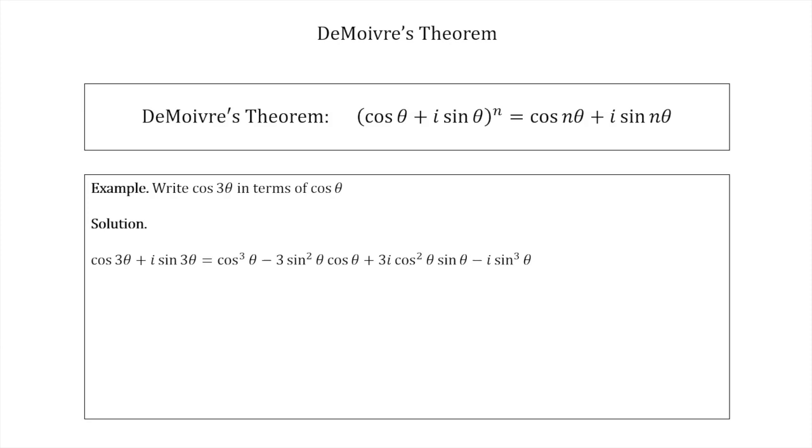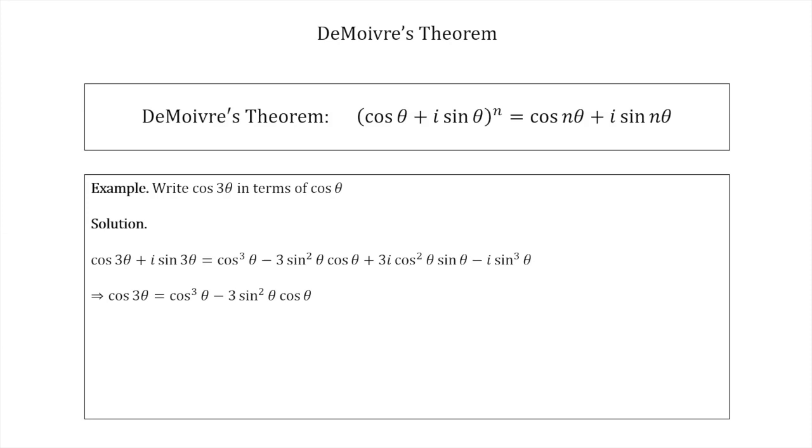So let's just equate the two real parts. It means that cos 3 theta equals cos cubed theta minus 3 sine squared theta cos theta. So I'm just equating the real part of the thing on the left to the real part of the thing on the right. Now this looks almost like what we want.